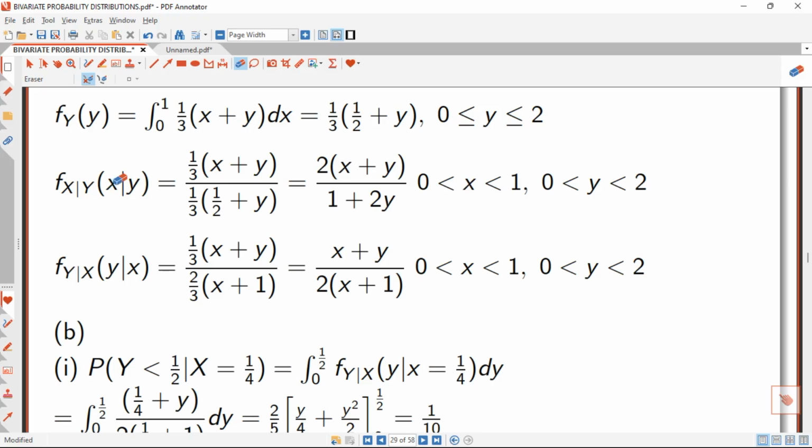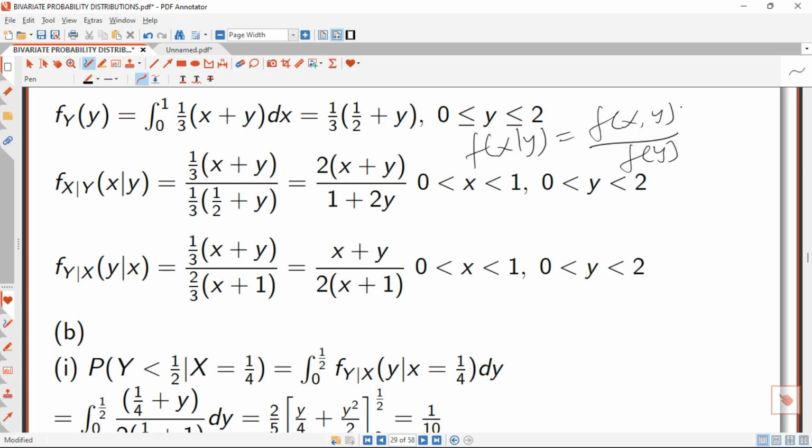The second part says we should find the conditional probability of what? X given y, and the conditional probability of y given x. That is what the question has told us to do. And then we know that for the conditional probability, f of x given y is giving us what? The joint f of x comma y divided by the marginal of what?